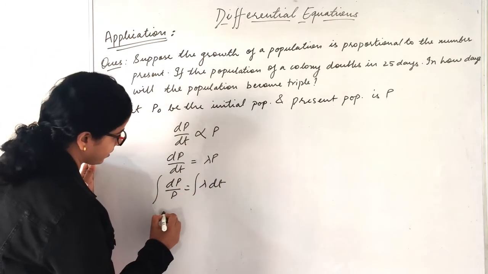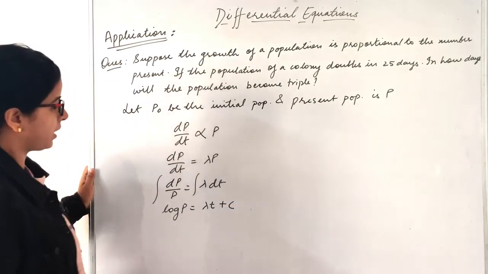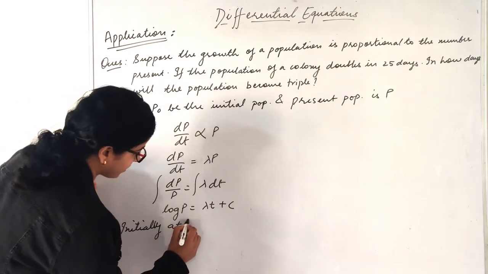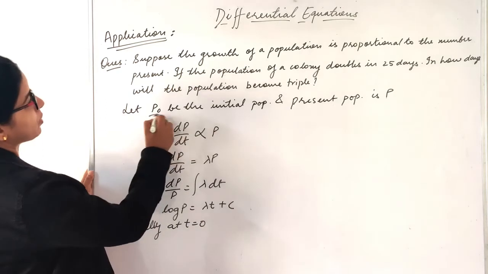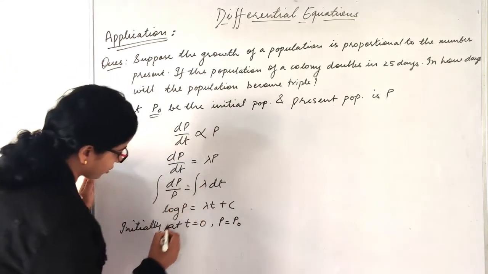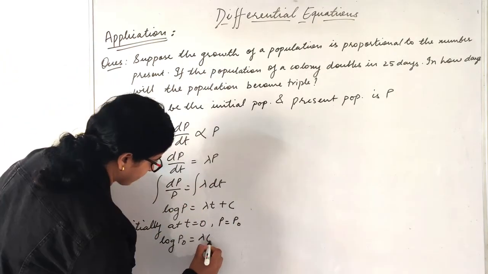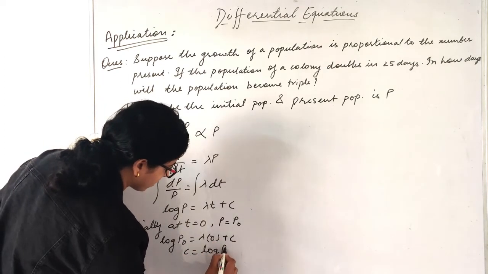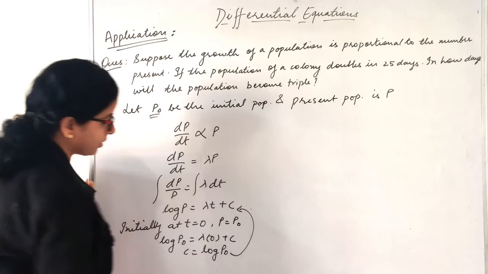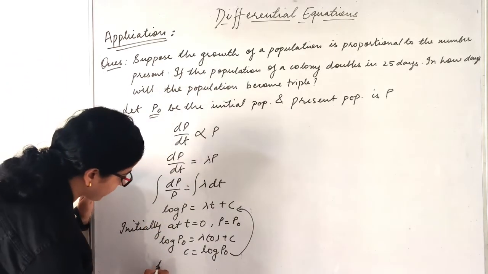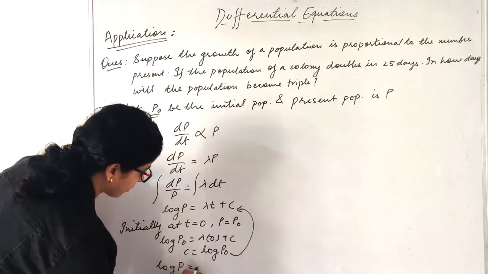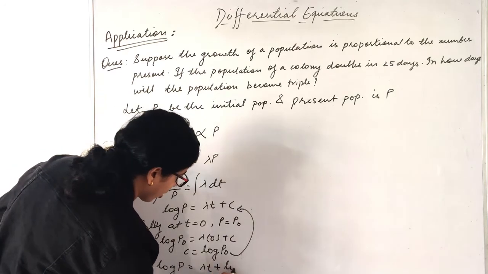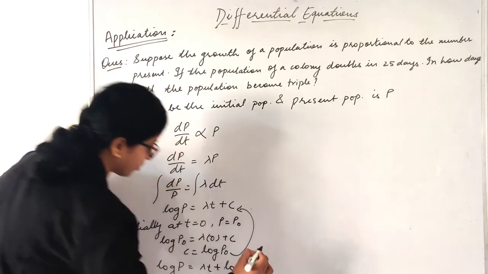Integrate both the sides. Initially at t is equal to 0, what was my population? P0, right? So substitute here. So C I got as log P0, right? Substitute here this part. So what will I get? Log P equals lambda t plus log P0, right?